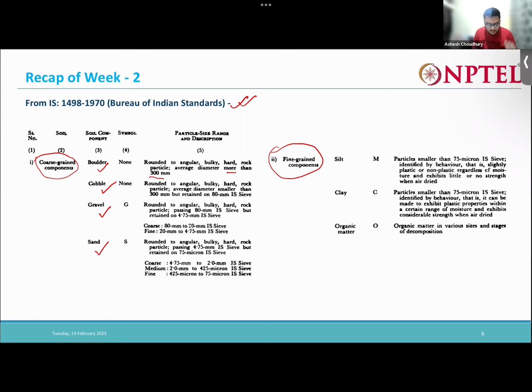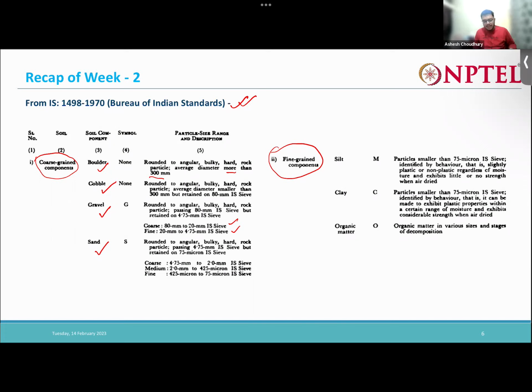Next, we have the gravel fraction. Gravel fractions are the fraction passing through 80 mm sieve but retained on 4.75 mm sieve. The gravel fraction is classified into two types, coarse and fine. Coarse is between 80 mm to 20 mm size, and fine is 20 mm to 4.75 mm size.